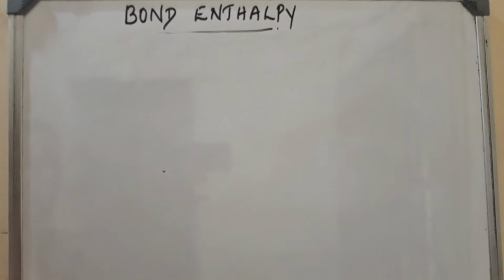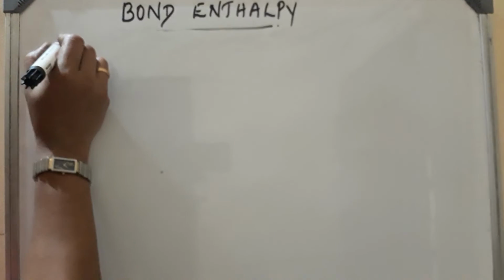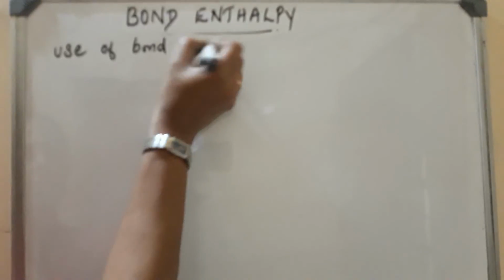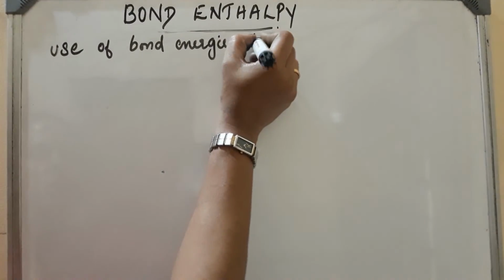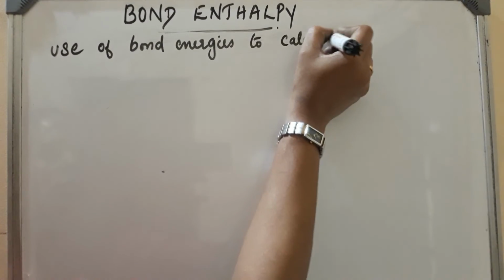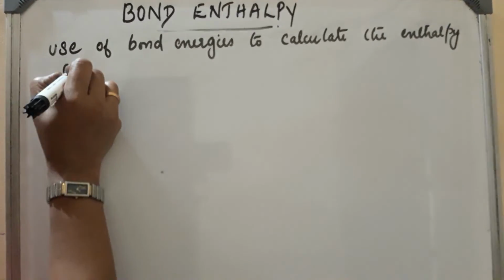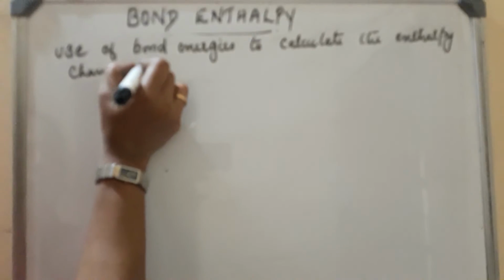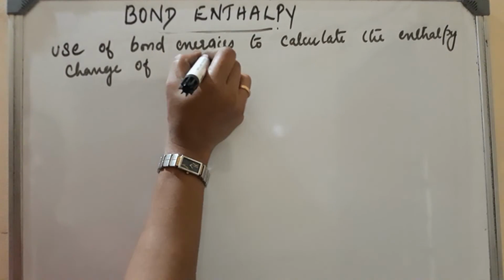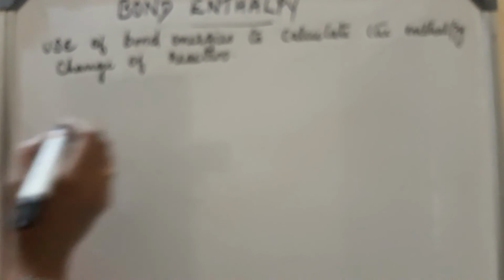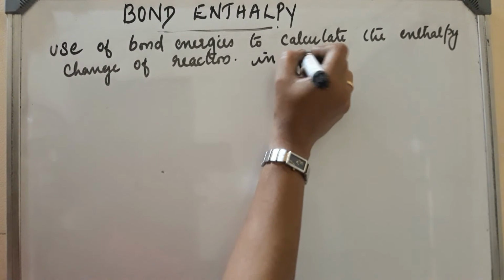Next, use of bond energies to calculate the enthalpy change of reaction. So bond energies are given. We have to calculate the enthalpy change of reaction. So delta H of R is given. This is in gaseous state.